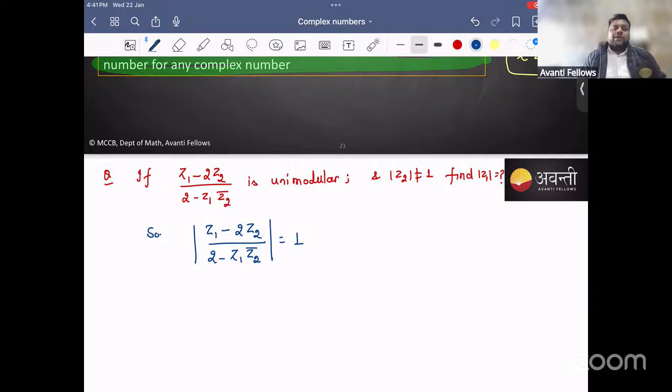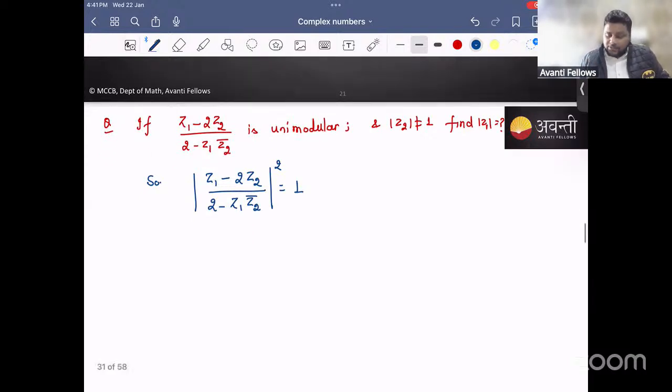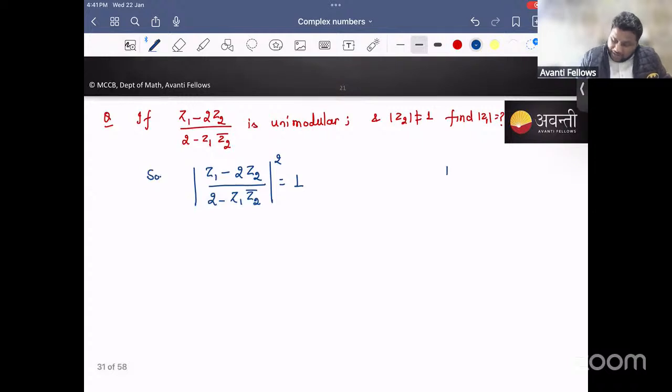Now, how do I do it? I will surely use properties of conjugate here. First of all, this square is going to be 1. Yes or no? Why so? Because if the magnitude of this is 1, then the magnitude of its square is also 1. So now I remember a property: mod z square is z z bar.